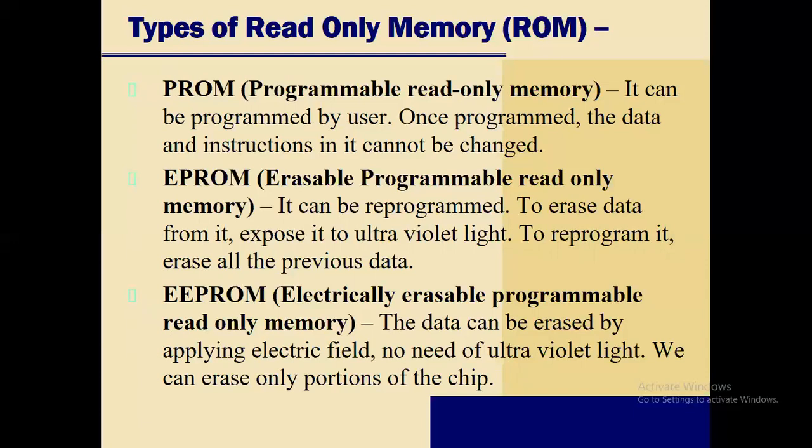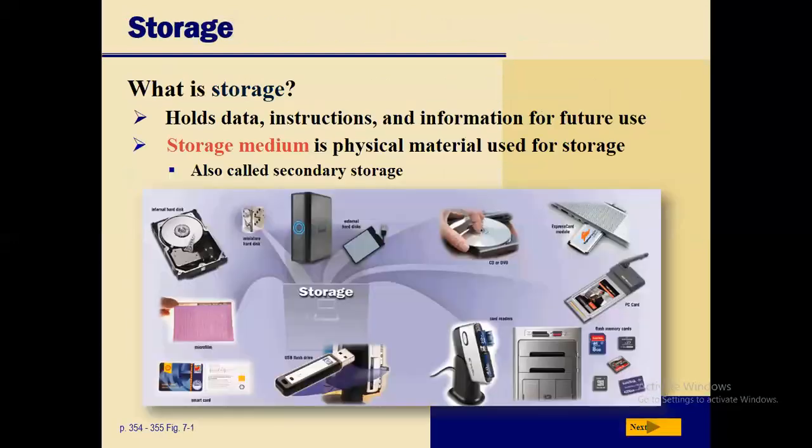EEPROM stands for electrically erasable programmable read-only memory. The data can be erased by applying an electric field, with no need of ultraviolet light. We can erase only a portion of the chip.